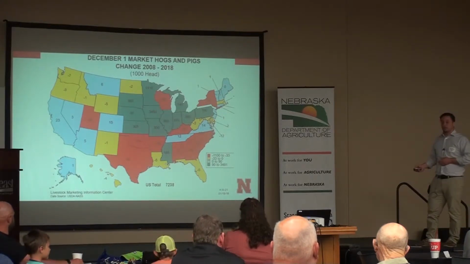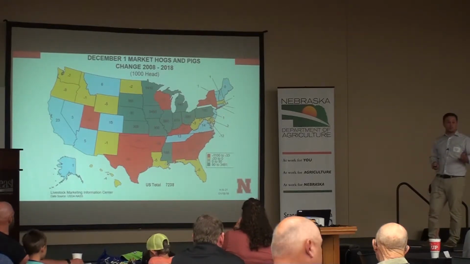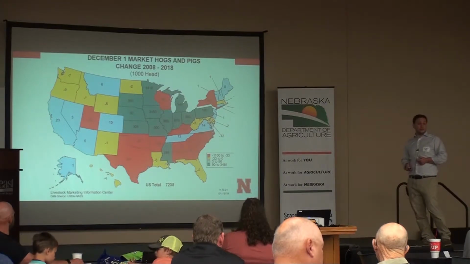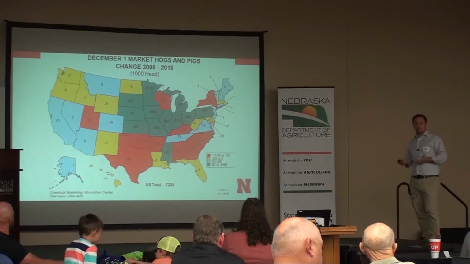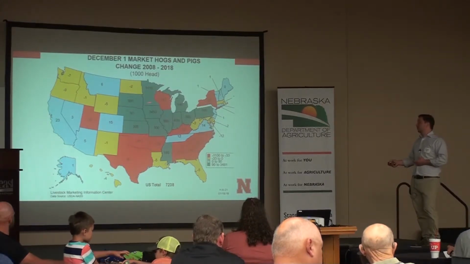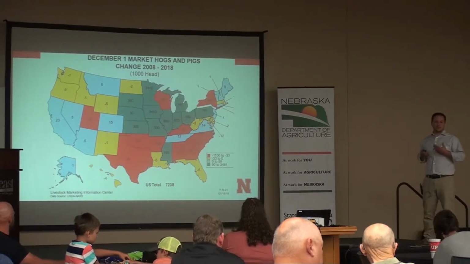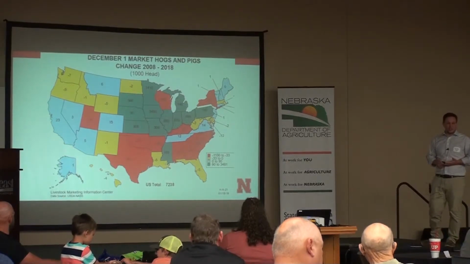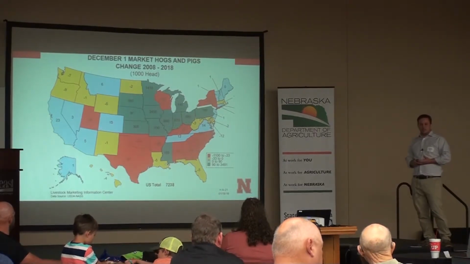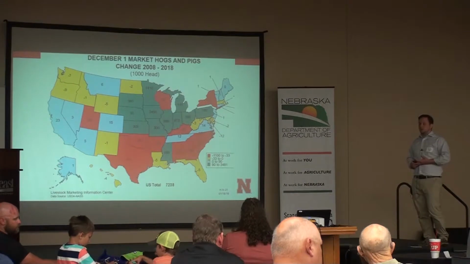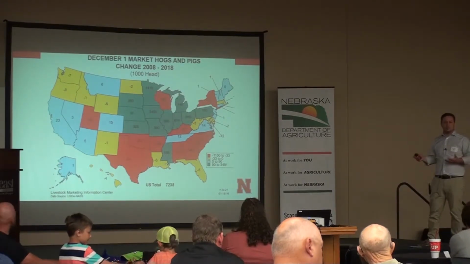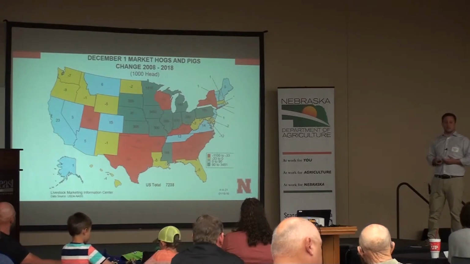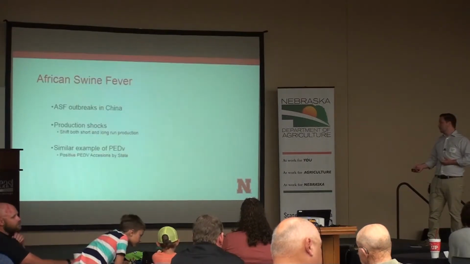Our neighbor to the right has improved about 350,000 hogs, and other places are also expanding. So when we're thinking about this in the context of export demand and what it looks like for supply, other people are improving supply, so there's opportunities to continue to play in that space.